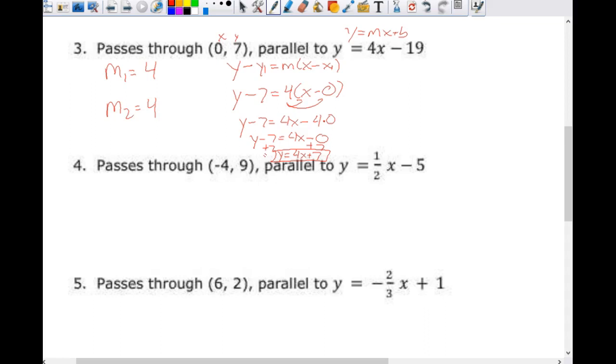Number 4 is homework, yes. And you have to be happy about it. You're not happy about it? You're right, it's double homework Friday.